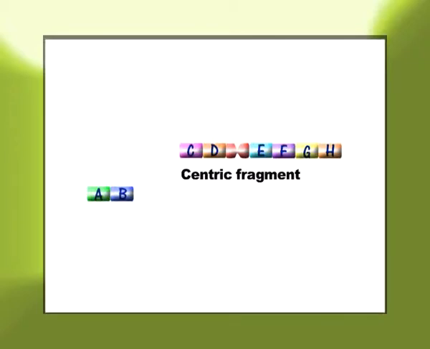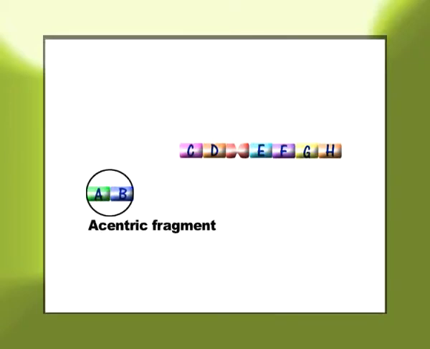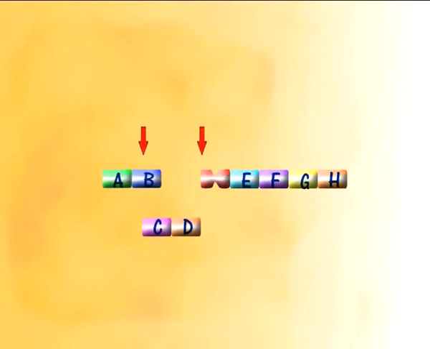The latter, termed a centric fragment, cannot go through mitosis since it has no centromere, and is therefore lost. Intercalary deletions result from two breakpoints within a chromosome arm and loss of the intercalary segment between these breakpoints.